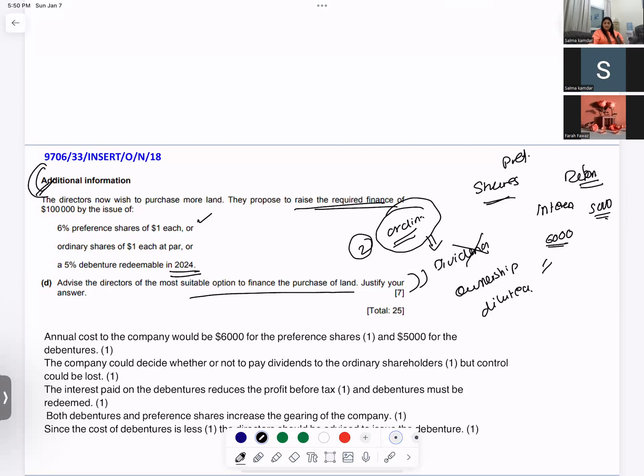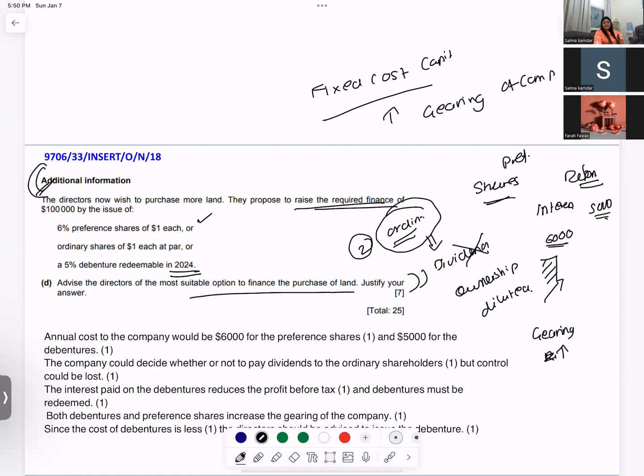But if they issue preference shares, their gearing would still be high. Their own capital would be more than the loan capital. But preference shares also bear a fixed cost. So anything that bears a fixed cost, which is called fixed cost capital, would increase the gearing of the company.